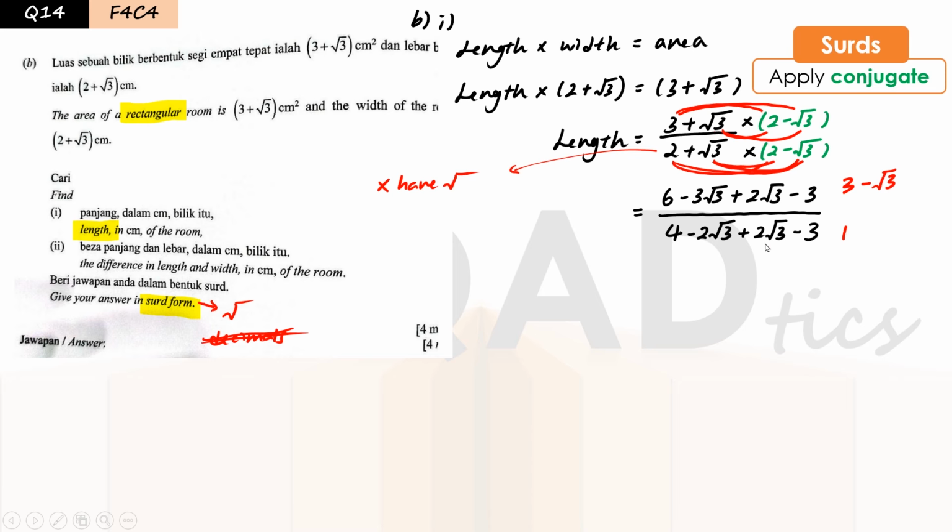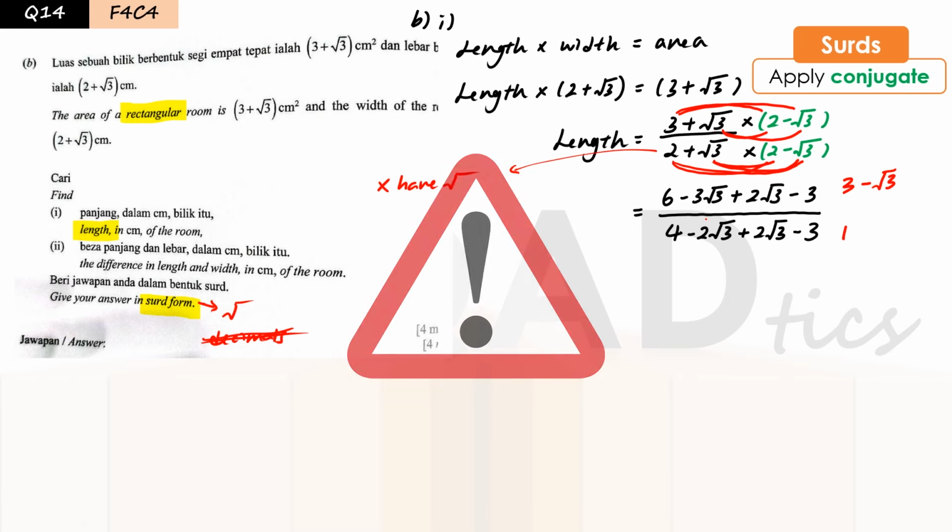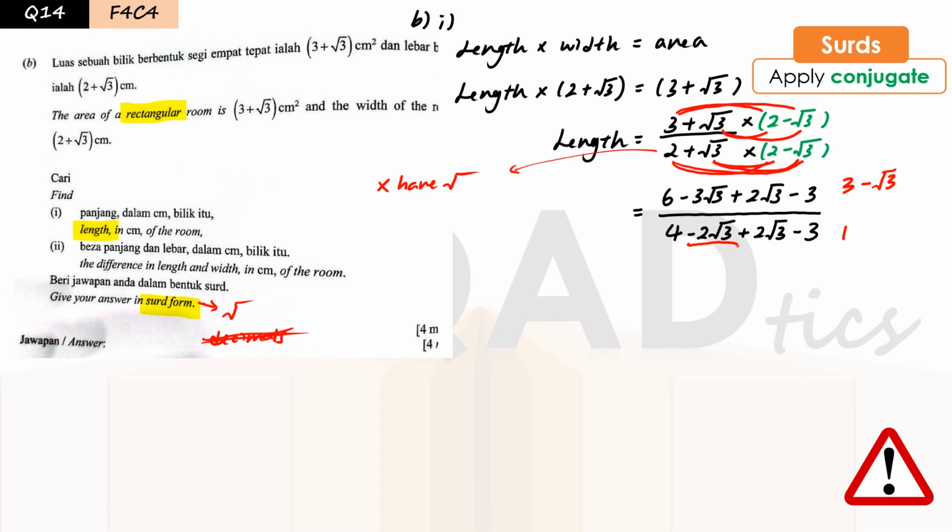And if we focus on the things which have square root 3, there's negative 2 and positive 2. If we simplify this, it is actually 0, right? Minus 2 plus 2, 0. So we have removed the square root in the denominator.